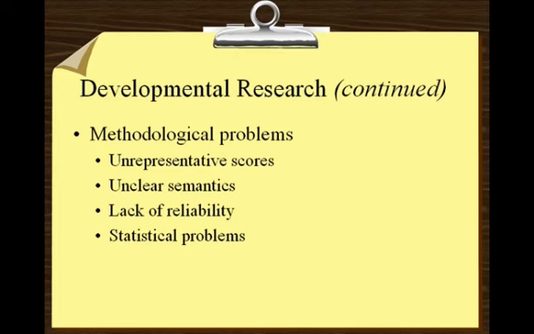good data. Now the next one is unclear semantics. Now semantics, we're talking about words. For example, some of you probably have had problems with the words and description of assignments that maybe I've given you, and it's unclear, it's vague. You're not sure what I'm talking about.